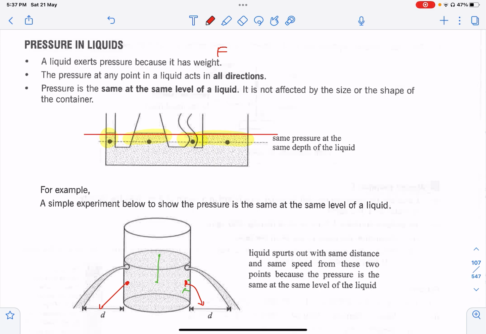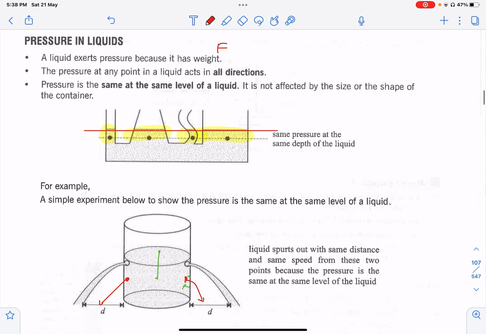We might think that density or the item affects the pressure, but that's not true. This causes a similar pressure to be exerted at the same depth.